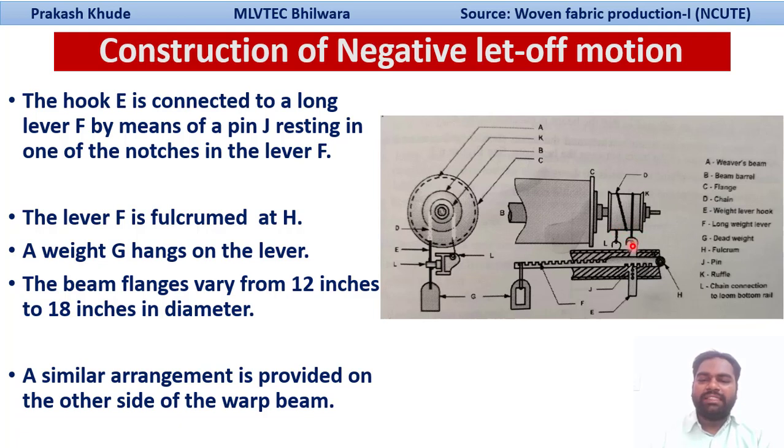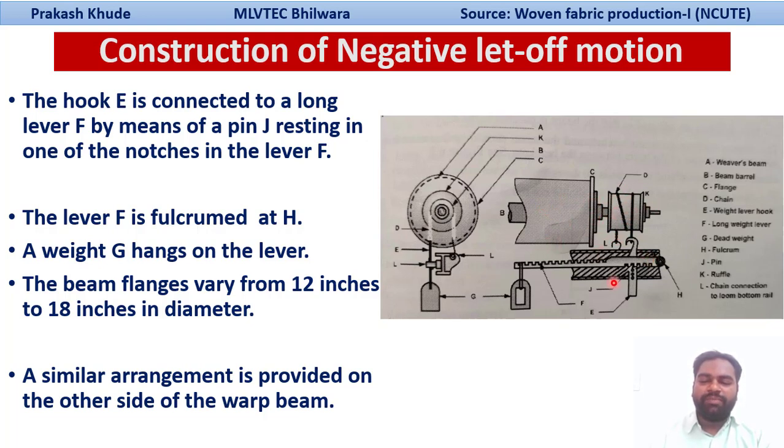This hook is connected to the long lever F by means of pin J, and rests on one of the notches of lever F. This lever has a fulcrum H and the weight G hangs on this lever. A similar arrangement is there on the other side of the loom also, where the chain is wound on the ruffle on the other side of the flange.